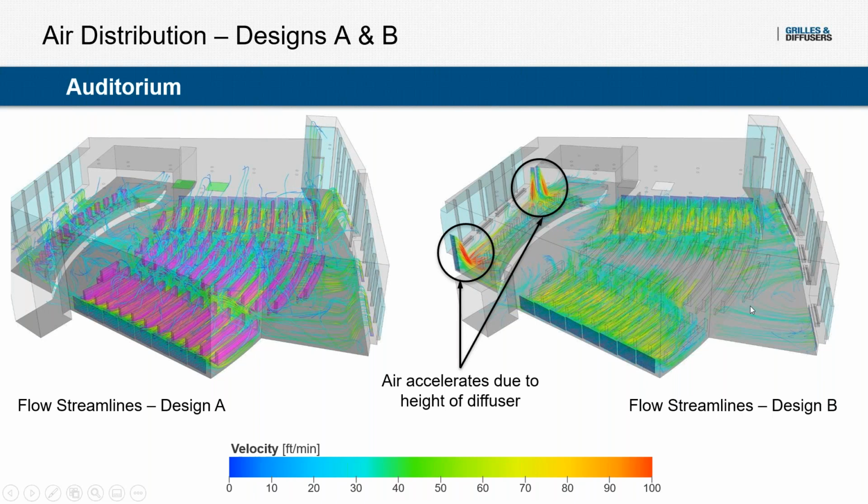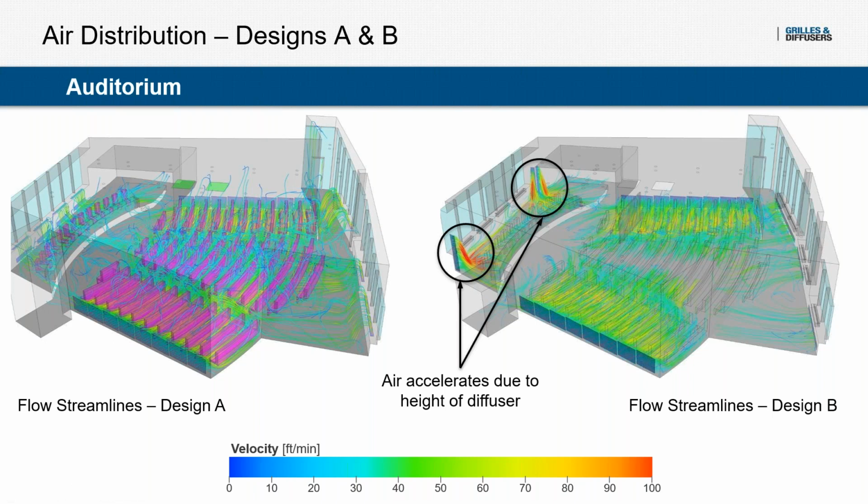You could see that there's a bit of a dead zone in this widest part of the auditorium that the sidewall diffusers don't quite reach, and that's because they have to move the air through quite a few people and a lot of seats, so that air doesn't really travel quite as far as if it was just an empty space. So this is why in both cases it's a good idea to have some sort of air supply towards the back.